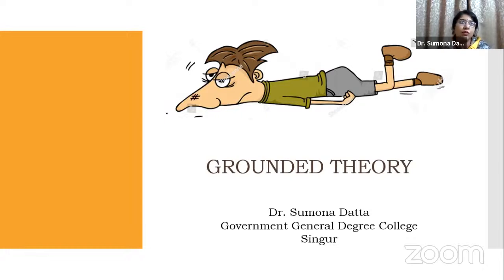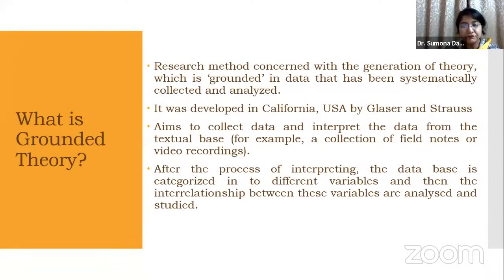Then how we can apply grounded theory, which are the areas where it is more applicable, the implications, etc. And then I'll discuss the stages in grounded theory, how we can actually conduct grounded theory research, what the different steps are, with some examples, of course. So please feel free to ask me questions if you have any.